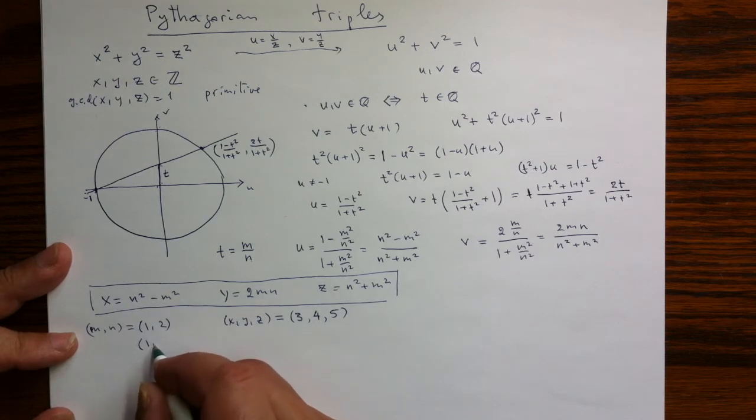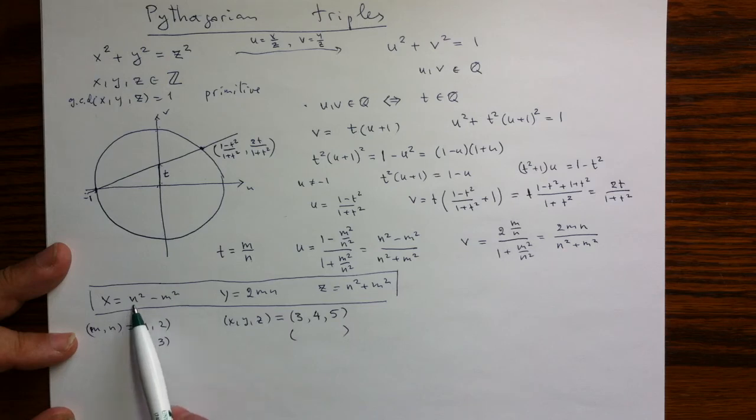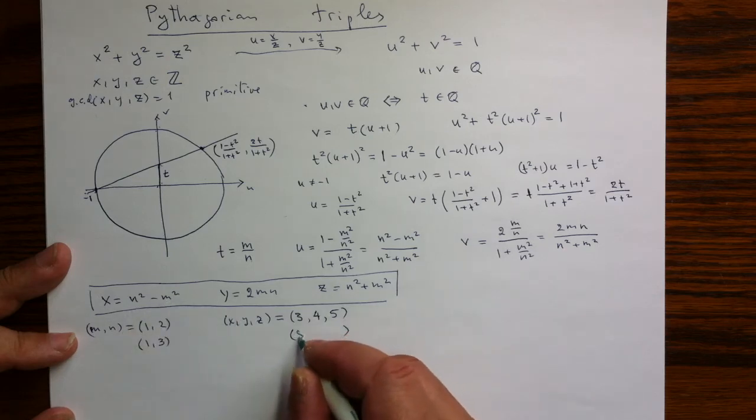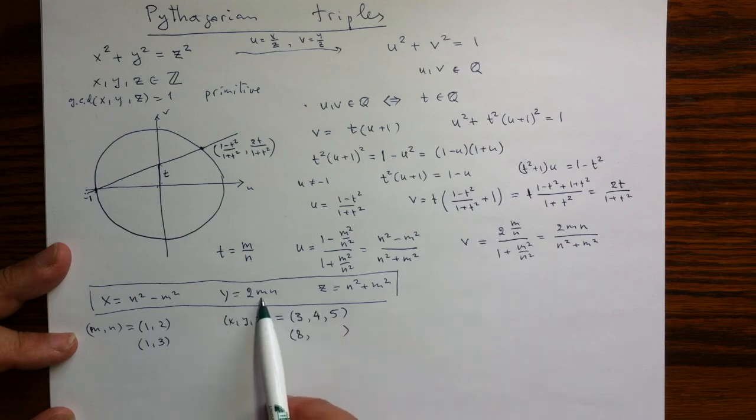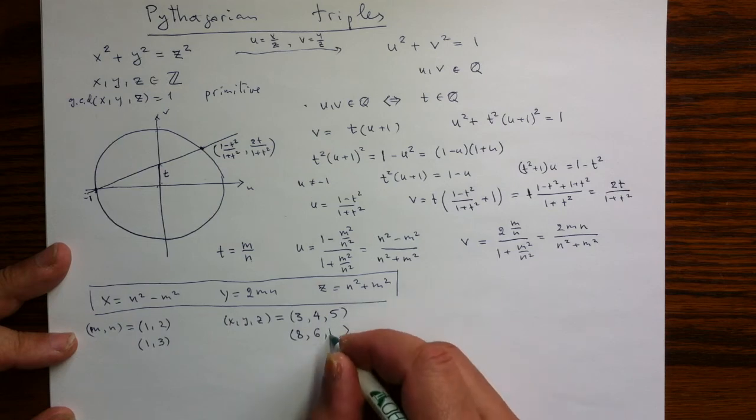So if we increase n by 1 now and recompute x, y, and z, this time we'll have 3 squared minus 1 squared, which is 8. Here we'll have a product of 2 and 3 and 1, that is 6, and here we'll have the sum of 9 and 1, and that is 10.